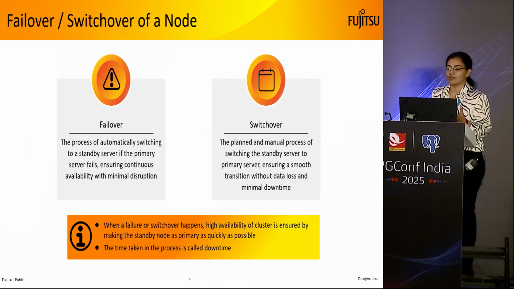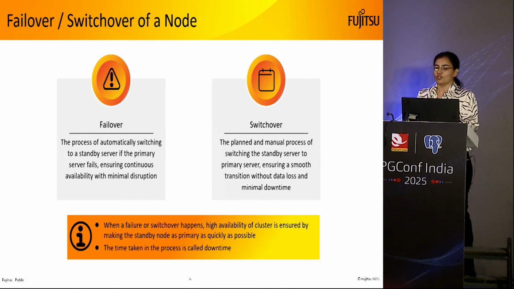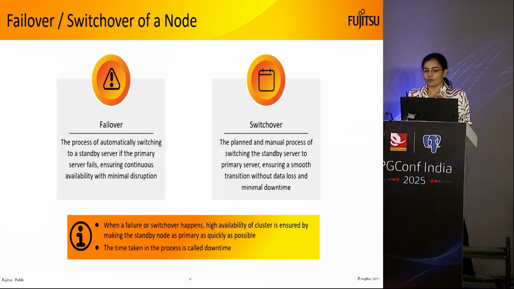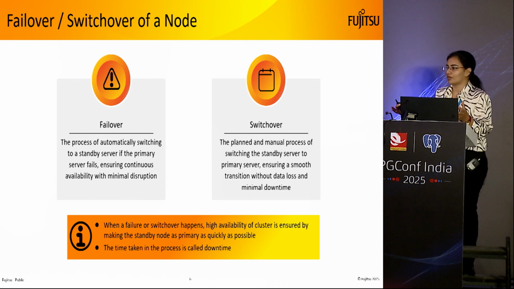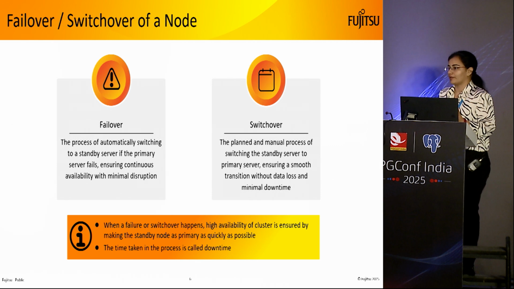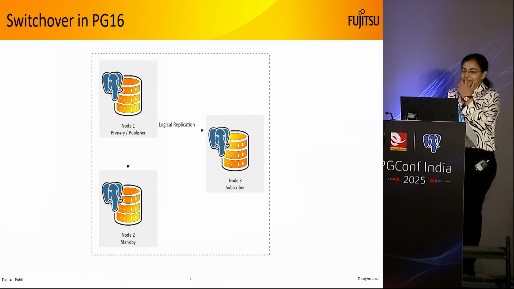Whenever a failover or switchover happens, to ensure high availability, we want the standby node to become the primary node as soon as possible, and the time taken in this process is called downtime. Our goal is to minimize this downtime whenever failover happens.